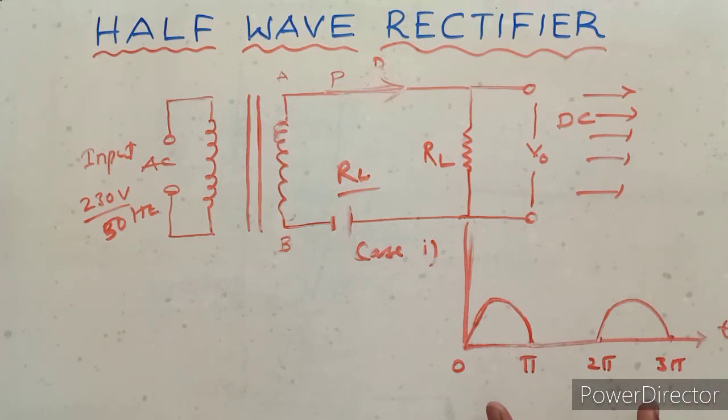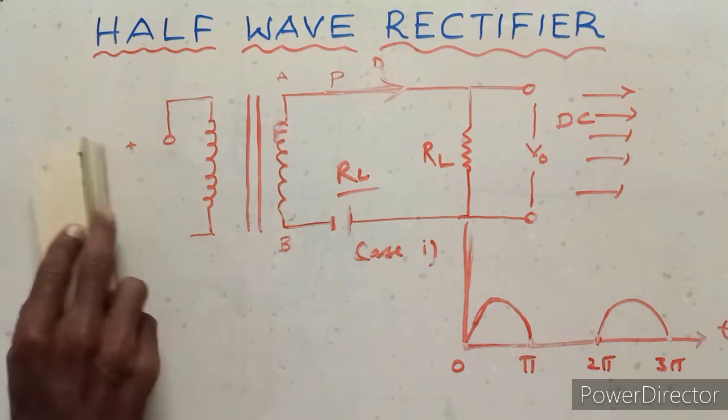So in the cases of 0 to pi, the current flows. Pi to 2 pi does not allow the current flow. 2 pi to 3 pi allows. 3 pi to 4 pi does not allow. So totally this is the output graph of the half-wave rectifier.